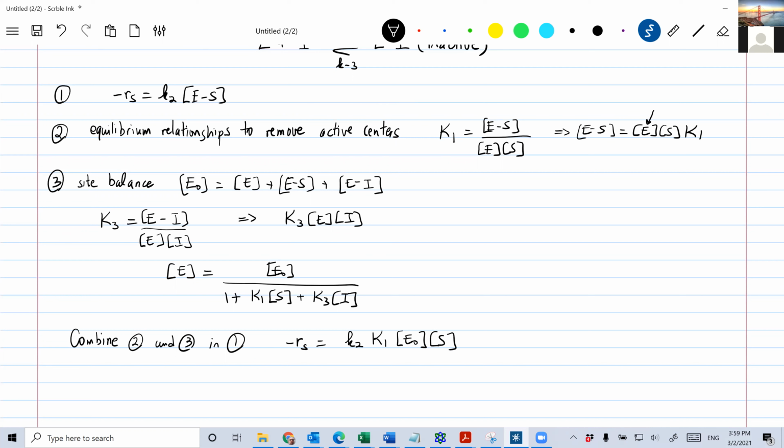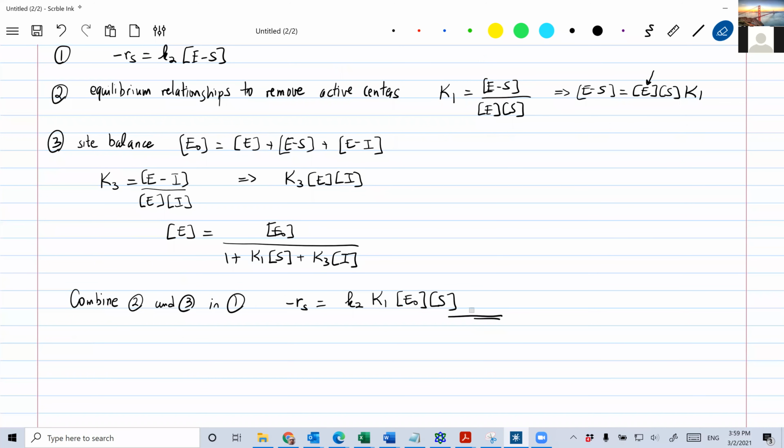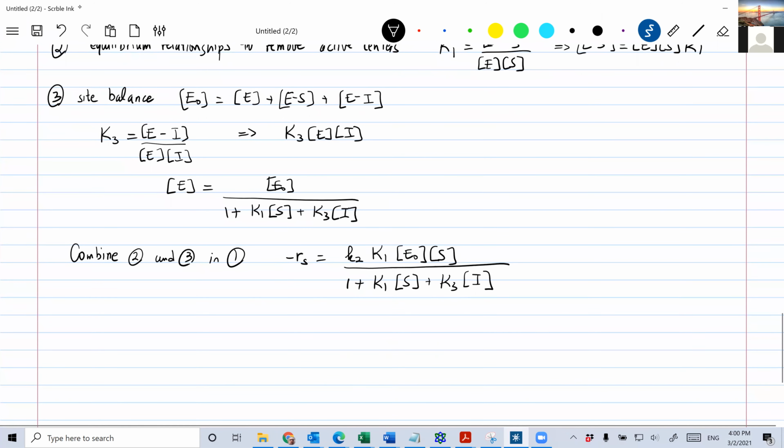If we do all this combination, oh, that's not working. We find this form. Okay, so once again, if we divide by K1, we're going to try and make it in terms of our Michaelis-Menten form.